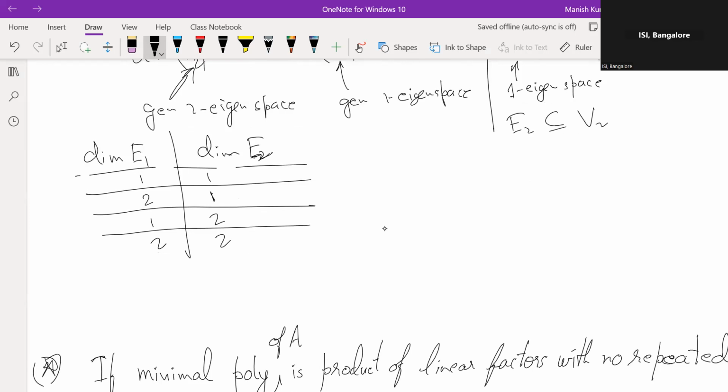So it's possible that the dimension of this is 1, this has dimension 2, this is dimension 1, and so on. These are the 4 cases you will get.